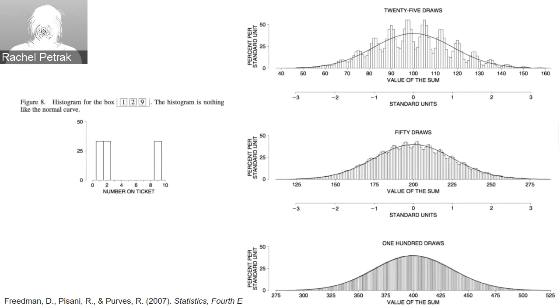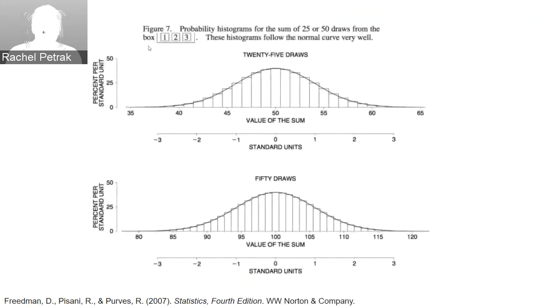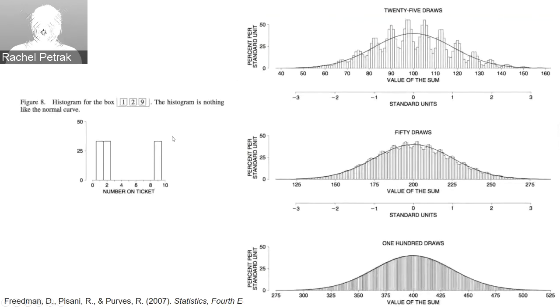As you can see, when we have a box that already follows the normal curve pretty well, you don't need to have as many draws or as large a sample as you do when you have a box, a population, that doesn't follow a normal curve in and of itself.